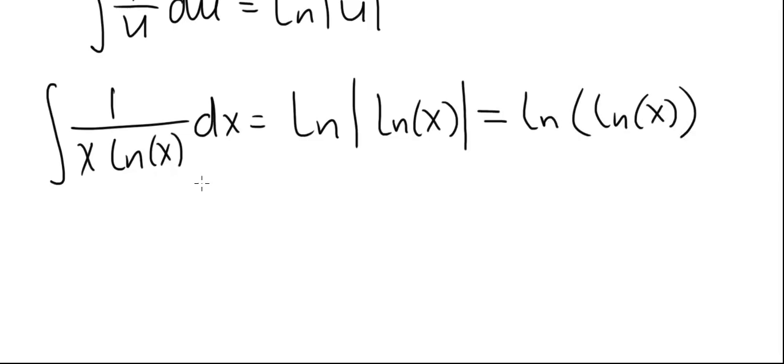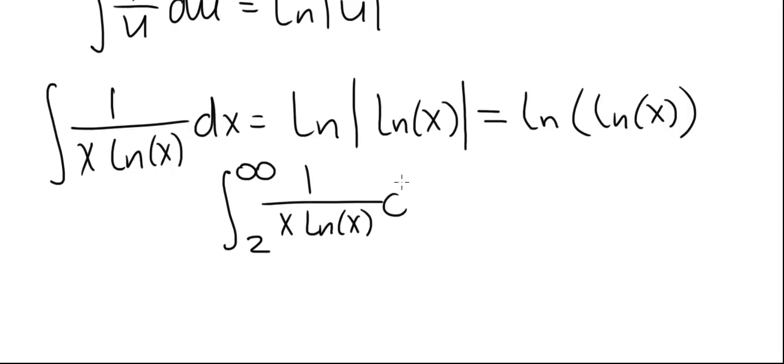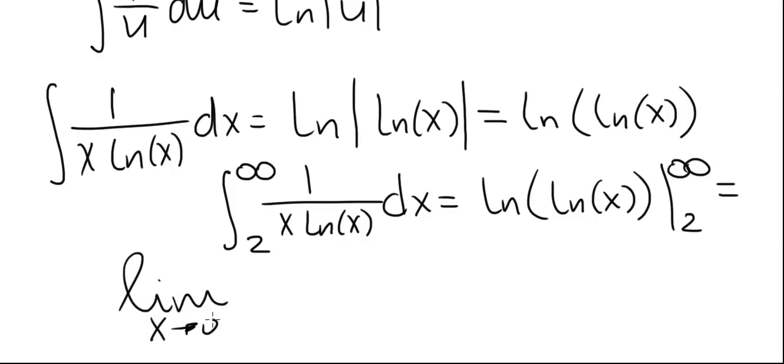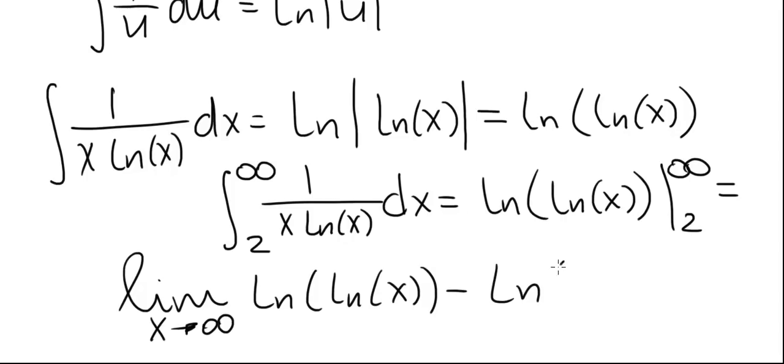So now returning to the improper integral, we have integral from 2 to infinity 1 divided by x natural log of x is equal to natural log of natural log of x evaluated from 2 to infinity. And this is the limit as x goes to infinity of natural log of natural log of x minus natural log of natural log of 2.